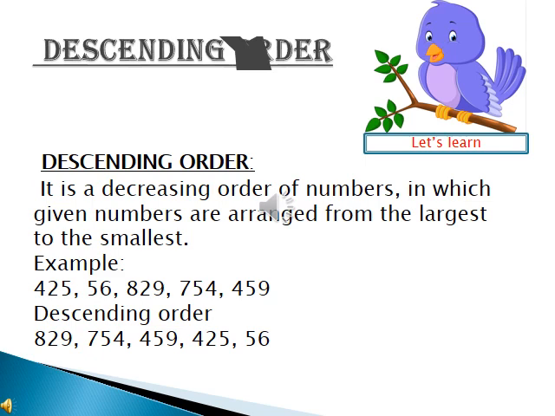Then, second largest number 754, third largest number 459, fourth largest number 425, and finally the smallest number we have to keep, that is 56. Now the descending order is 829, 754, 459, 425, and at the last 56.